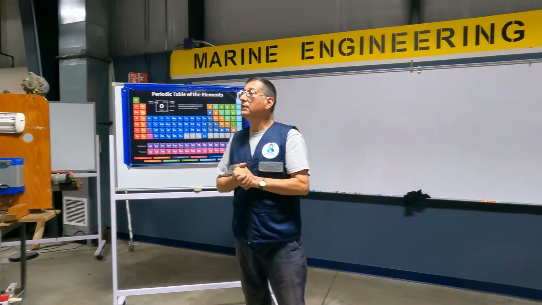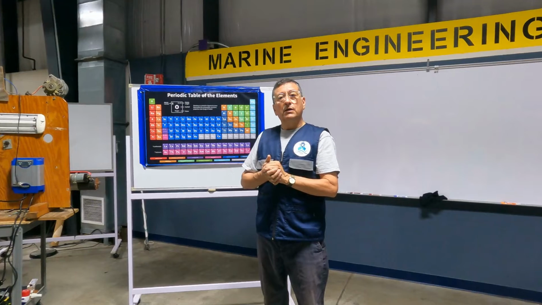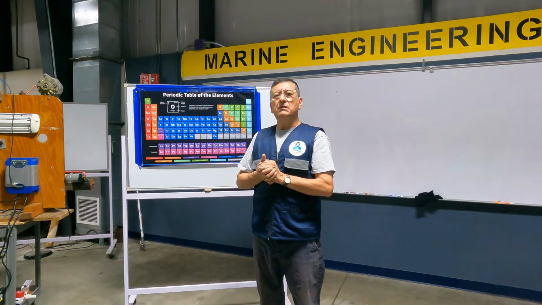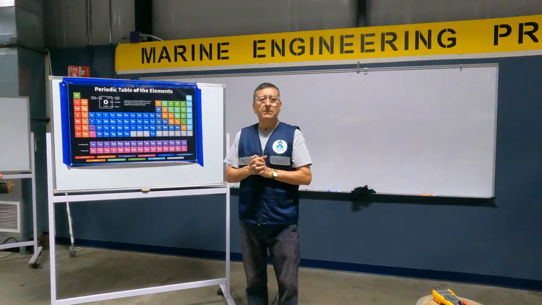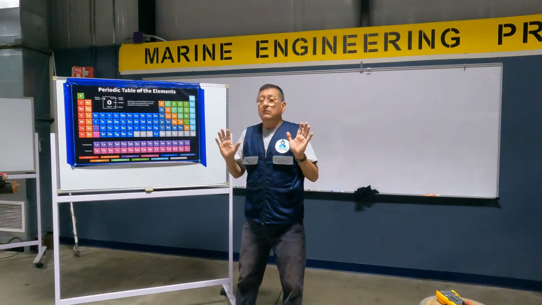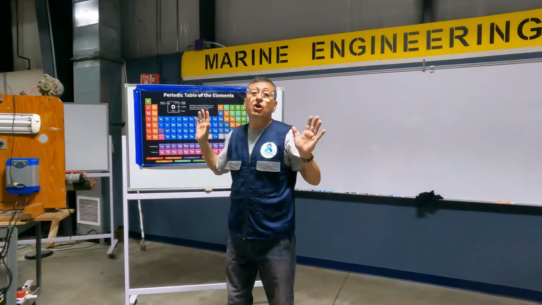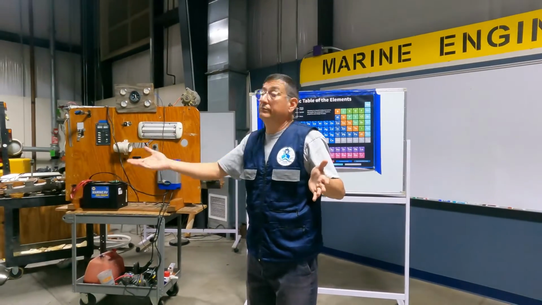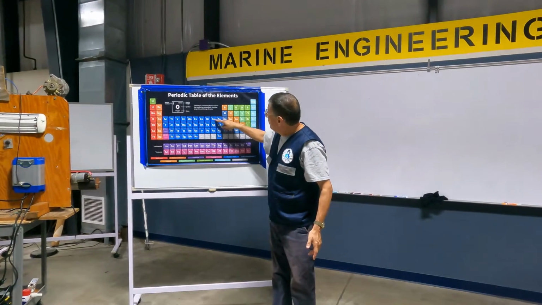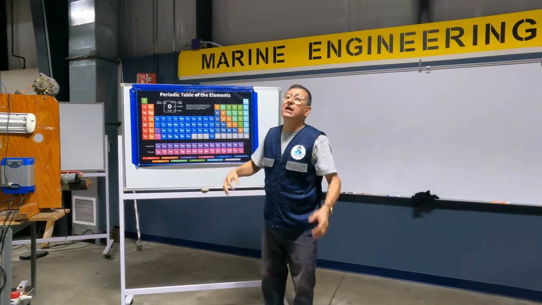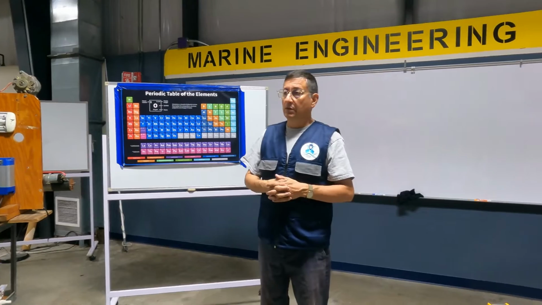It's clear, guys? Follow me? What is the best conductor here? Copper. Okay, the best one is gold. It's gold, but what is the problem? It's too expensive. Look at this. This group, copper, silver, gold, are excellent conductors.